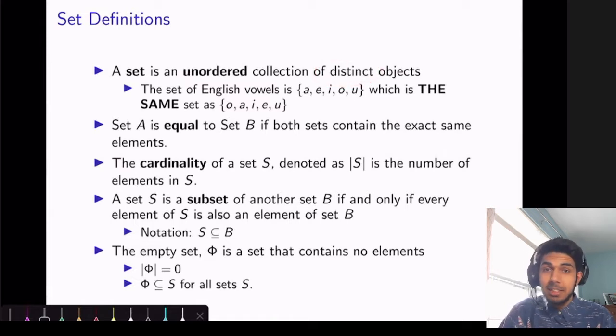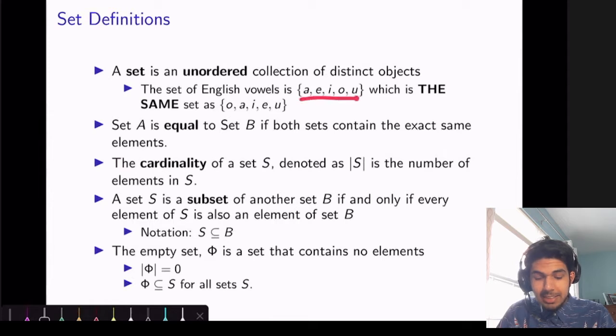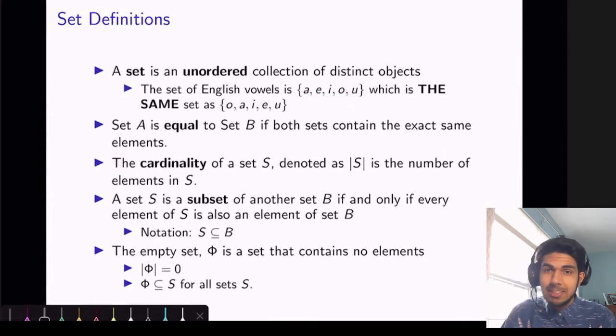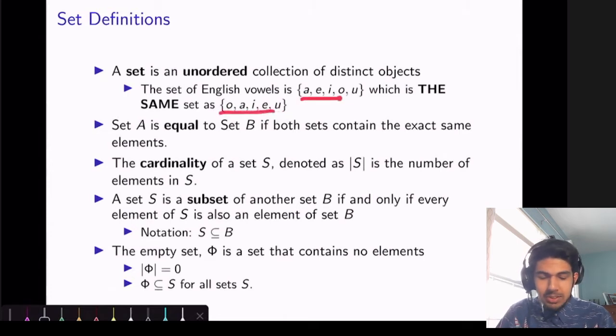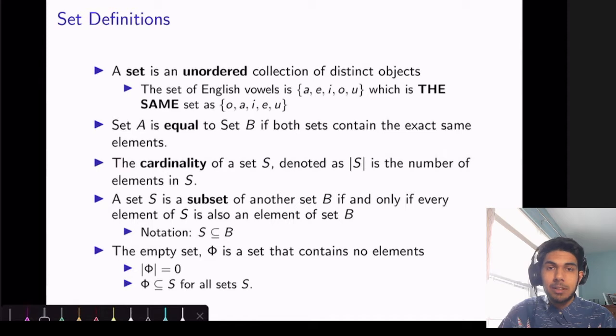So, the set of English vowels is A, E, I, O, U. Notice how they're all different from each other. Now, this set is the same set as O, A, I, E, U. The only difference between these two sets is the arrangement of the letters. But you can see that there's an A here and one here.